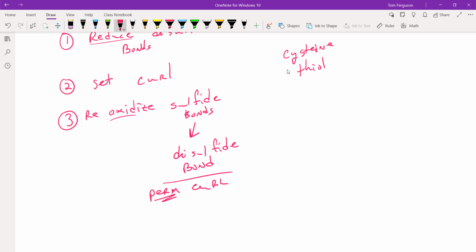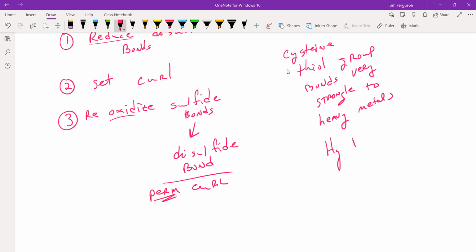The cysteine thiol group bonds very strongly to heavy metals. So things like mercury, things like lead, etc.